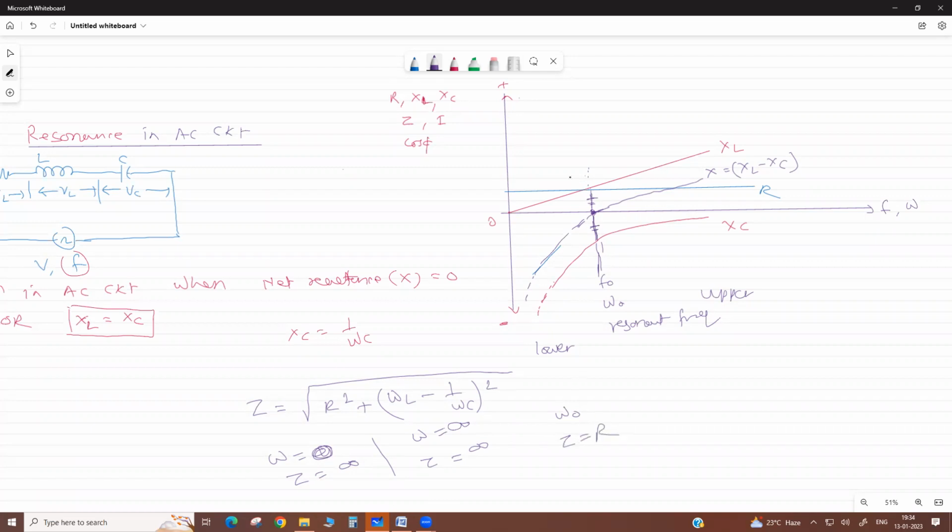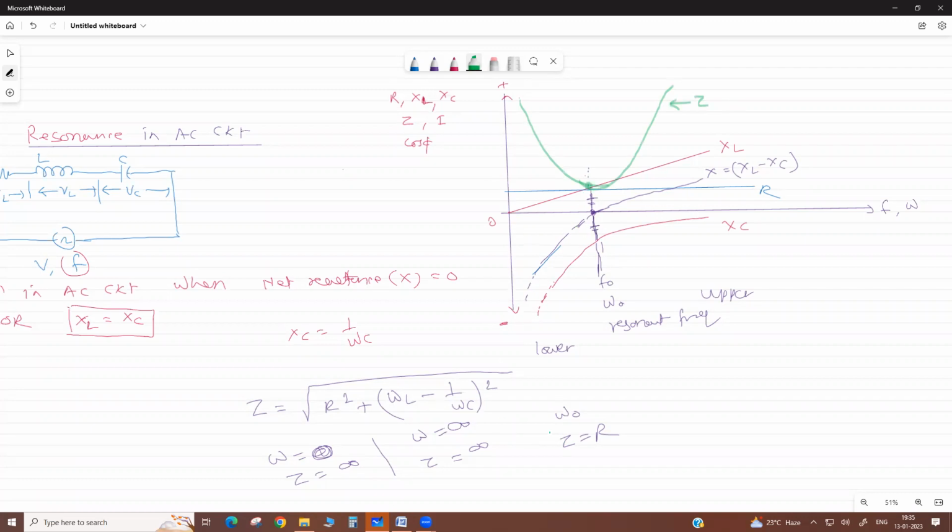Why? Because net reactance is 0. This XL minus XC becomes 0, because they are both equal. It means the impedance of the circuit touches this 0 line, and at resonant frequency it is minimum.